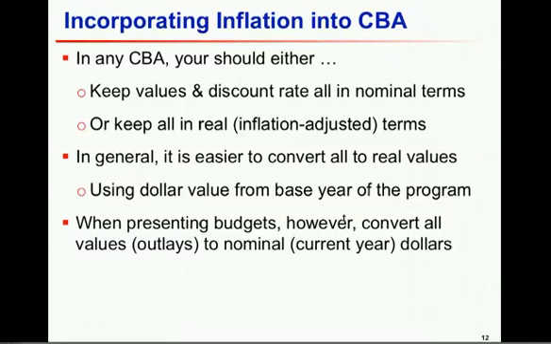So ideally, if you're going to be comparing things over years and combining them into one apples-to-apples comparison, do the benefits exceed the costs, or which option has the highest net benefits, the best thing to do is to have everything in real terms, so that you can actually compare costs and benefits across years. Otherwise, you have to discount different years with different discount factors.